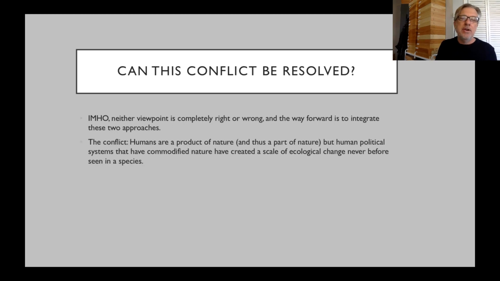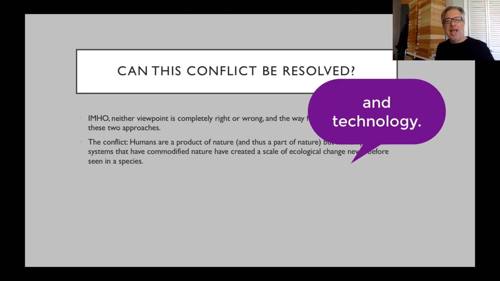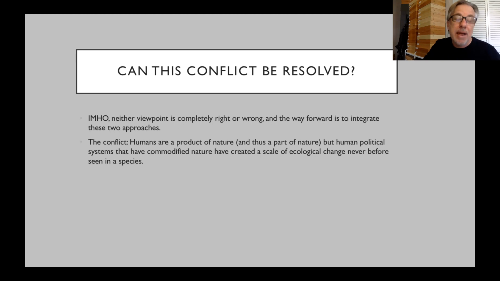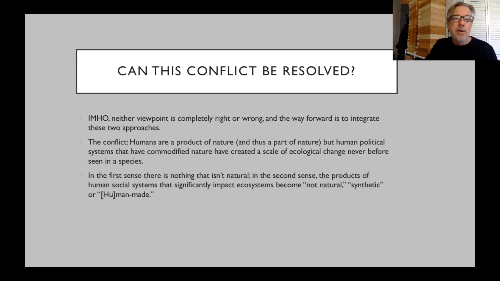On the one hand, humans are a product of nature, and we are a part of nature, and we are beholden to the ecosystems. But on the other hand, we have distanced ourselves from nature through our human society, and we now have created problems that have a tremendous impact on the ecosystem. So in the first sense, there is nothing that isn't natural.